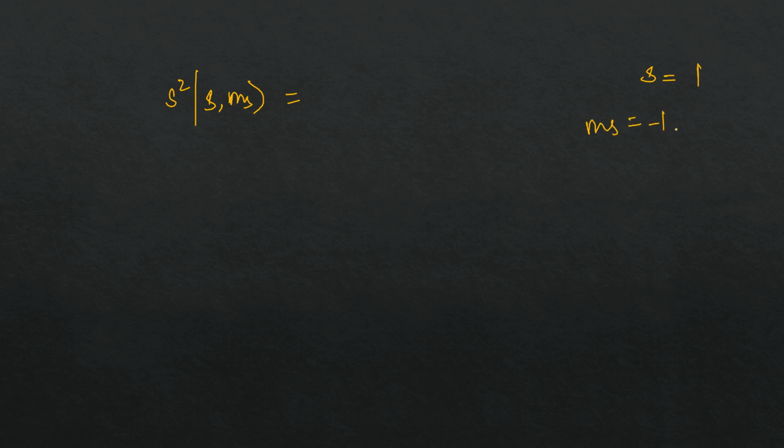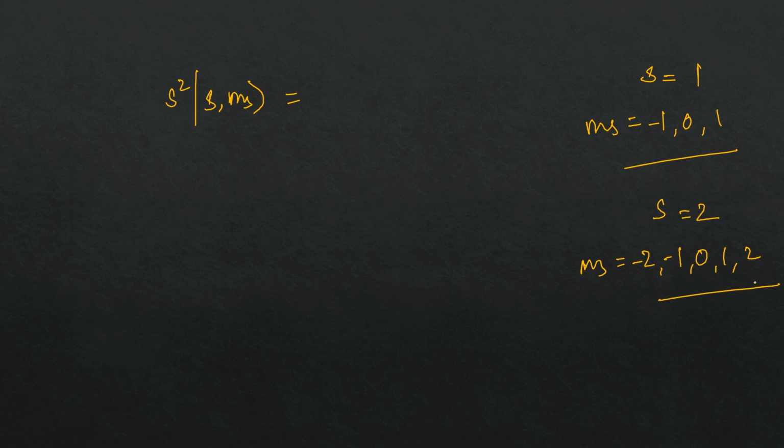It will have minus 1, 0, 1. If S is 2, its Ms values will be minus 2, minus 1, 0, 1, 2. So if S square acts on |S, Ms>, the eigenvalue will be S into S plus 1, h cut square, and the state will remain as it is.